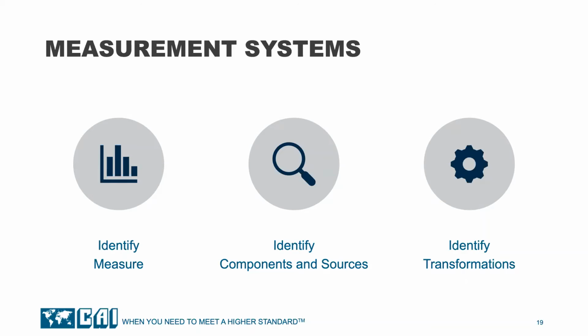The third step, identifying the transformations, involves taking the data components we've obtained and transforming them into our measure. For the average document review cycle, we take the start and end times for each reviewer of a given document and calculate each review cycle for the document.